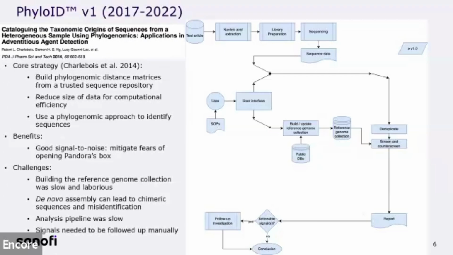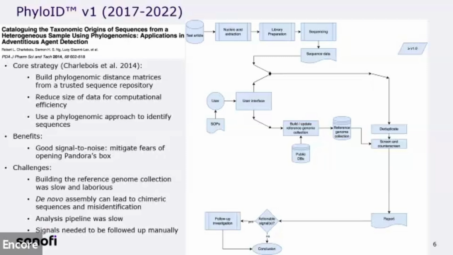So each one of the 3 iterations I'm going to show you is going to have the 2 slides. And so the core strategy that we published in 2014, as we presented it at the PDA conference in 2013, is based on, so it's called PhyloID because we build phylogenomic distance matrices of all of the reference genomes.